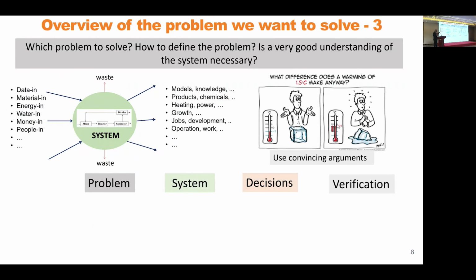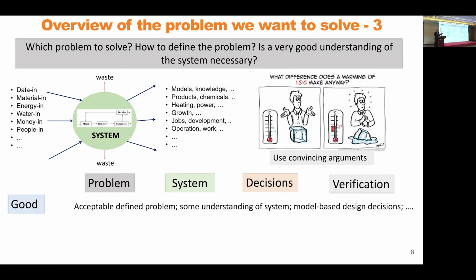So in my view, when we want to solve any problem, we need to define some targets for improvement. And those targets need to be convincing arguments. And we should find, with very good convincing arguments, that this is the problem, and this is why we want to solve this.